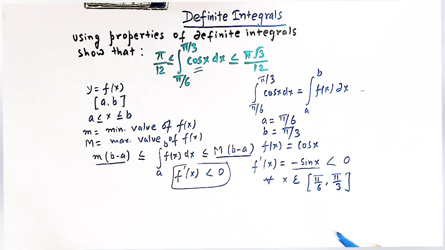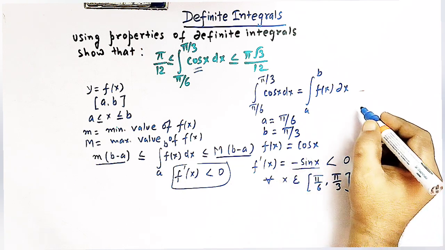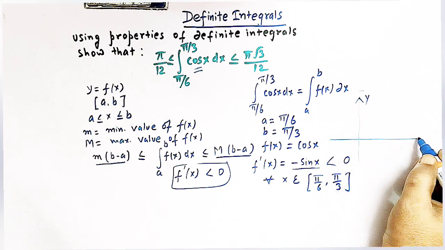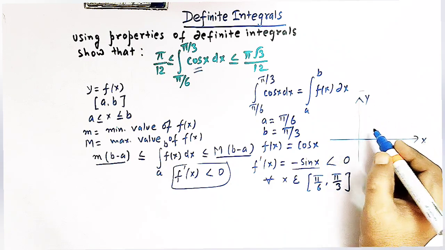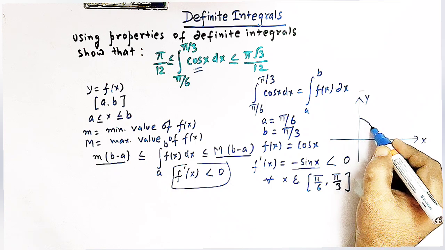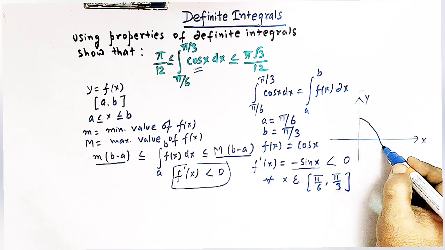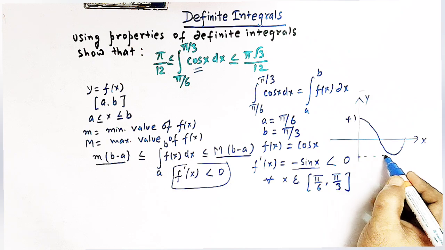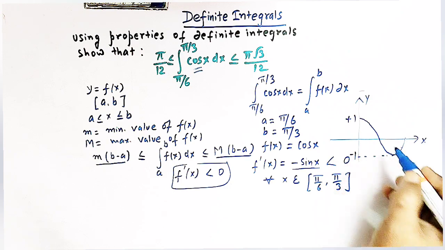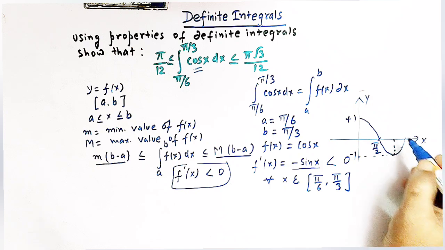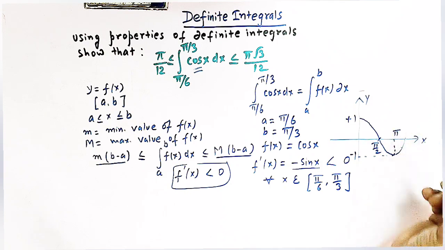So now let us quickly see the graph of cosine x. Here we have the y-axis, here we have the x-axis. The graph of cosine x in the first quadrant goes like this, and here we have plus 1, and here we have minus 1, and here we have pi by 2, and here we have pi, right?